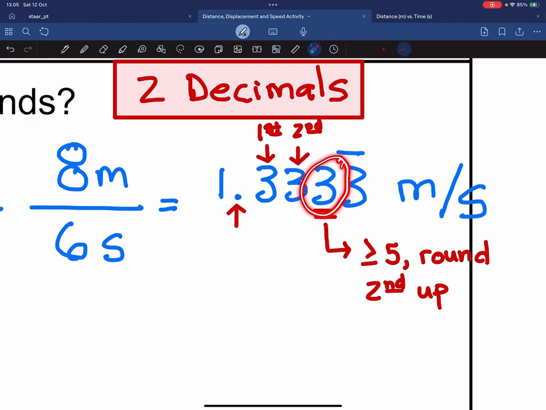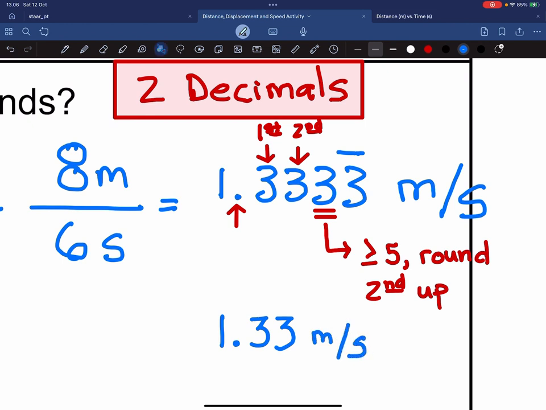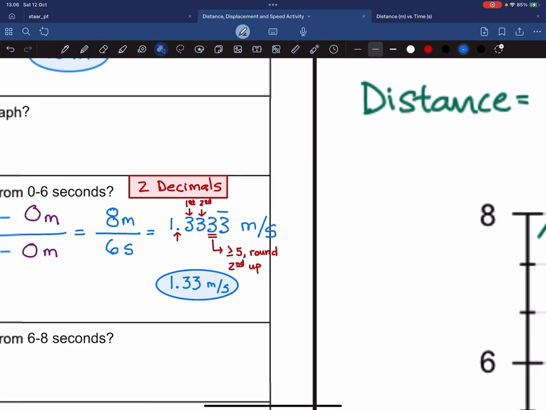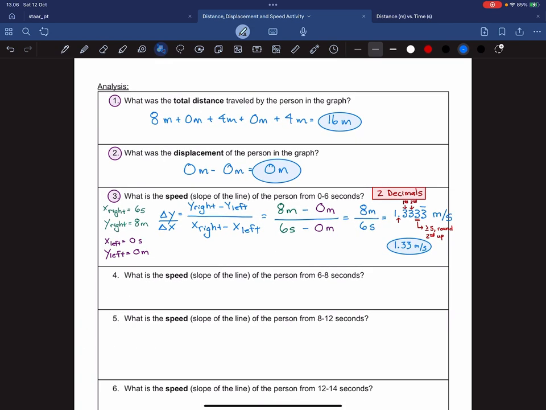And of course, no, it is not. So I take 1 point 3, first decimal place, 3, because I haven't rounded up, second decimal place, meters per second. And that is my final answer. Okay?